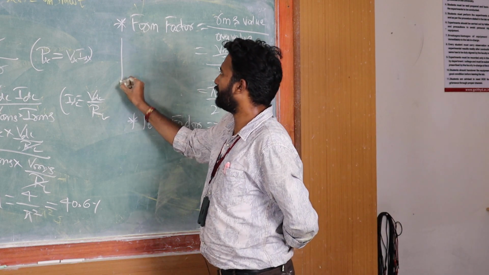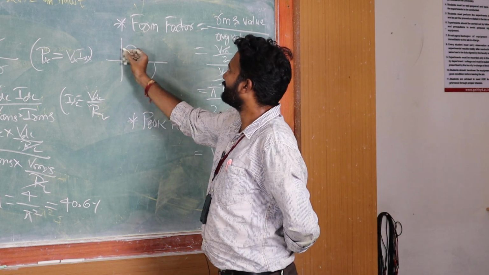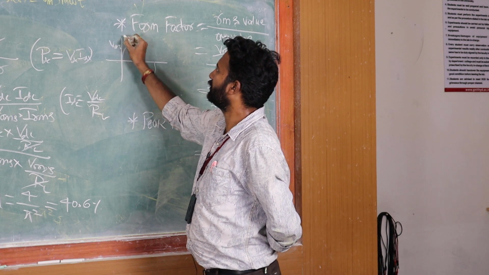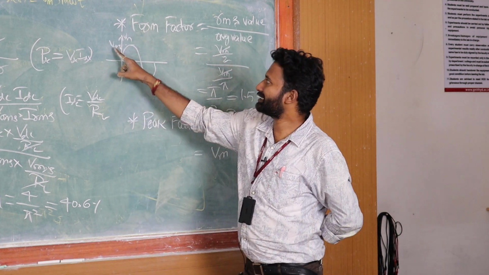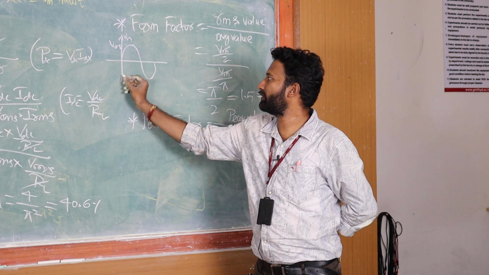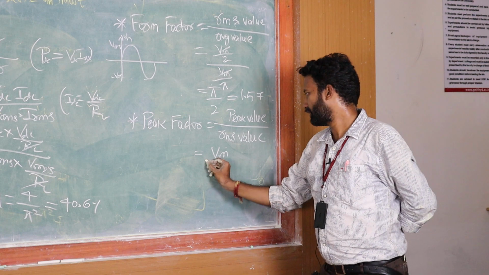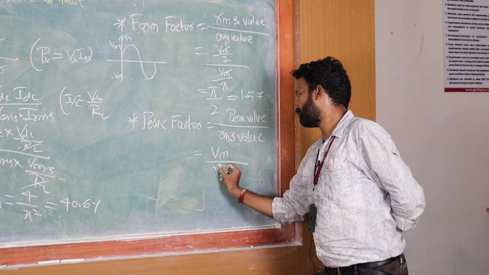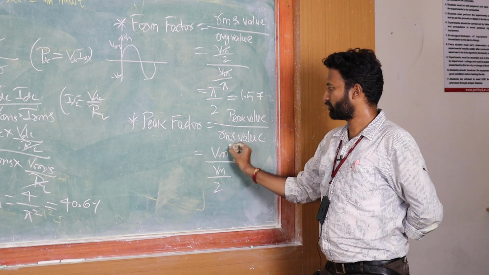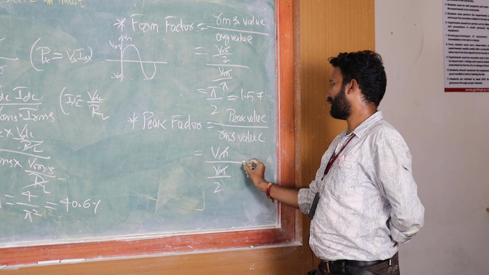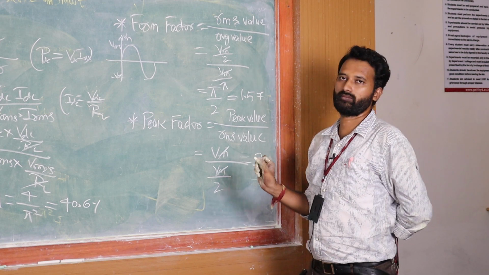In the sinusoidal input waveform, this is my peak value, the positive peak value, and the negative peak value is minus Vm. My peak value is Vm. What is the RMS value? Vm by 2. So Vm will get cancelled. Finally the peak factor will be 2.